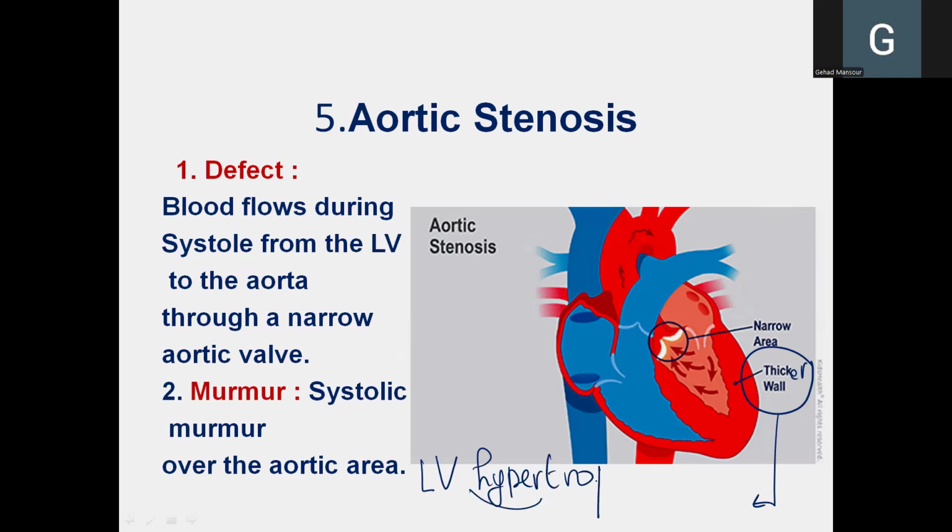Hyper means increased, and trophic means nutrition. So hypertrophy means that the left ventricular muscles will try to accumulate more glycogen in order to produce more energy to contract. So the muscles will increase in size.